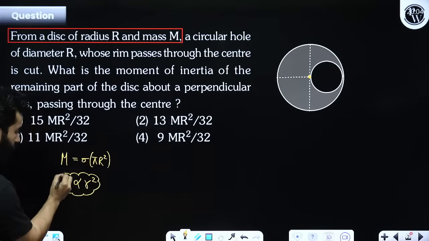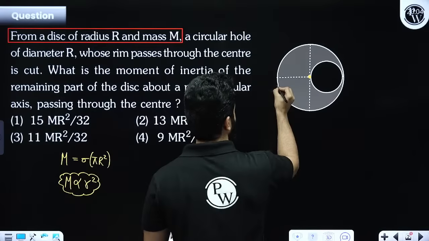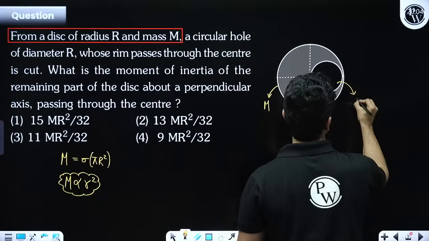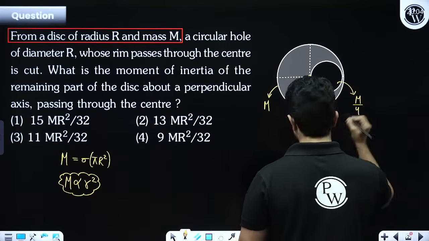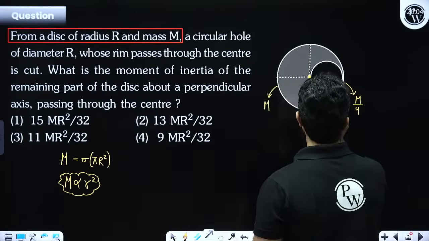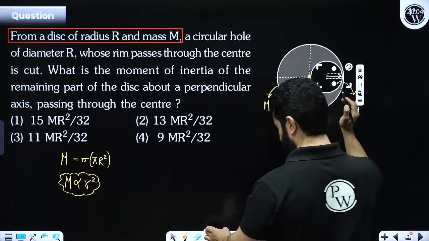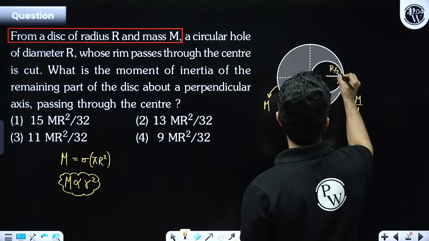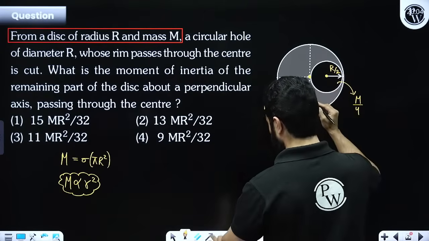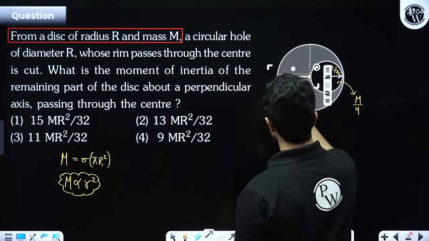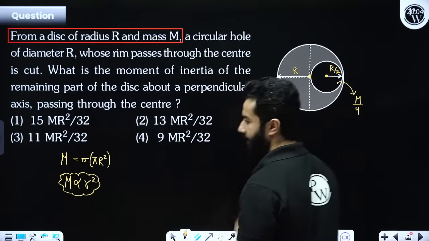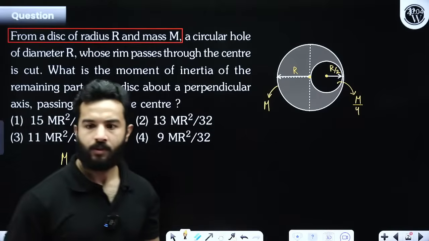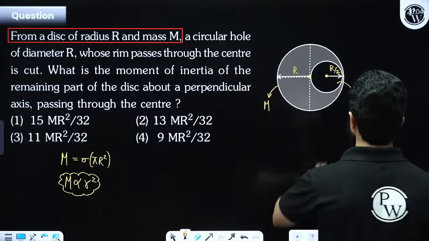If somebody tells you that the mass of this disk is M, then the mass of this cavity will become M by 4. How's that? Because this radius is R by 2, if the complete radius is R. And note that this radius is R. Clear? So this mass is going to be M by 4.